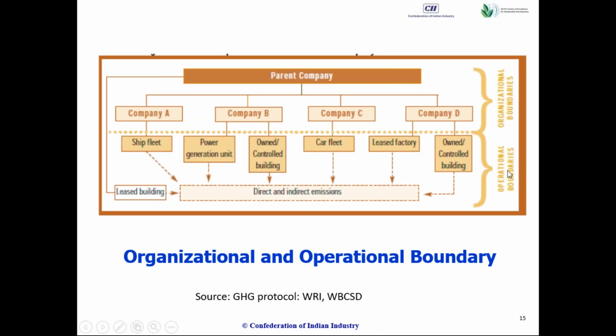So these will become the operational boundaries. And then out of these, a power generation unit will be a direct GHG emission. Car fleet will become other indirect. So first of all we select the companies for which we want to report, and then subsequently within the companies we select various sources and types of emissions.